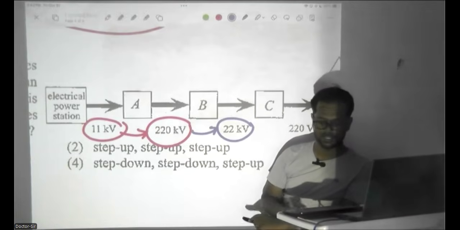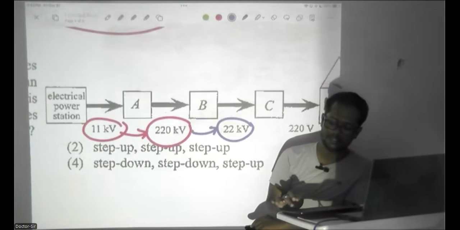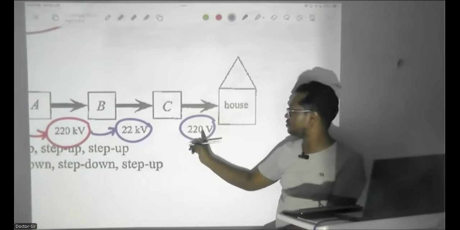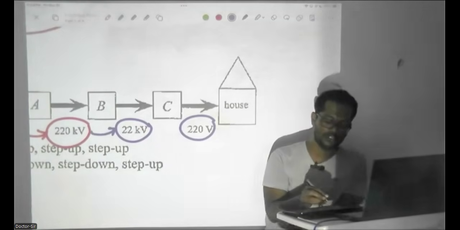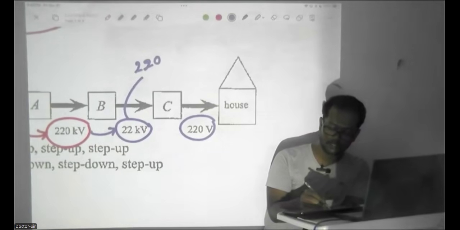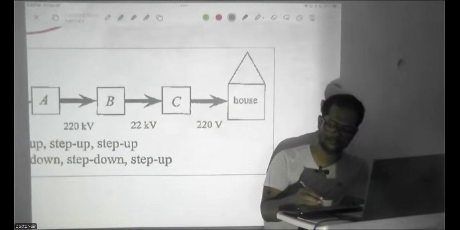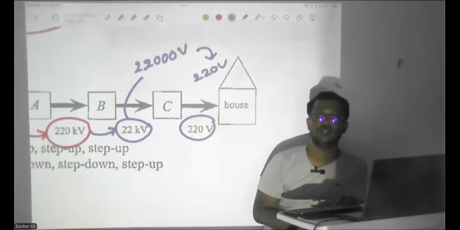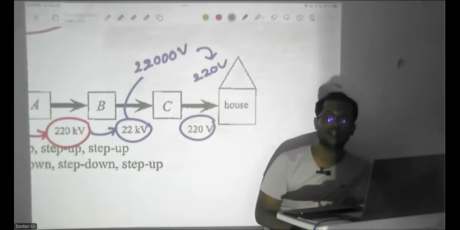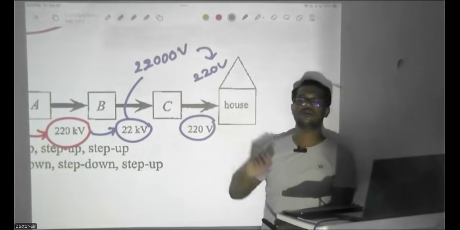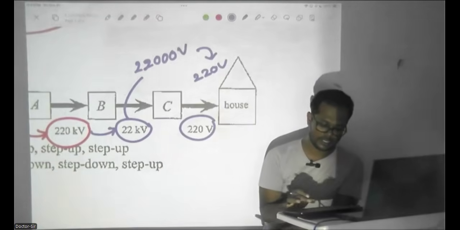Then finally it is coming to our houses. Before that, kilowatt is converted to watt. So 22 kilowatt means 22,000 volt, and it is converted to 220. 22,000 to 220, again it is step down.